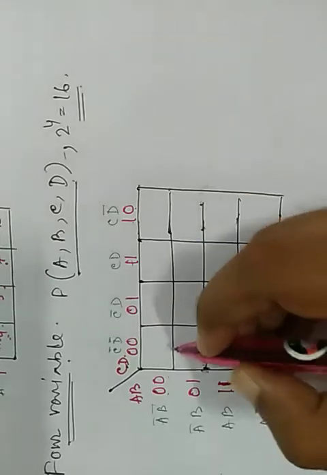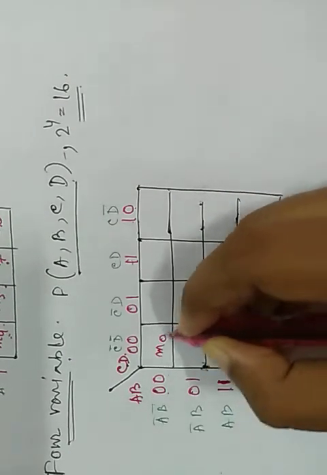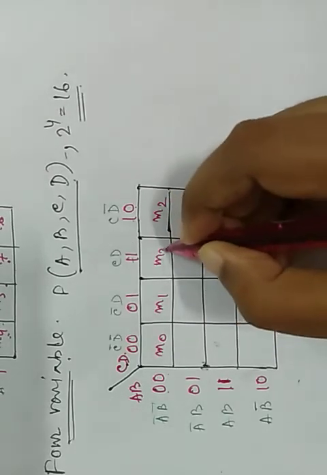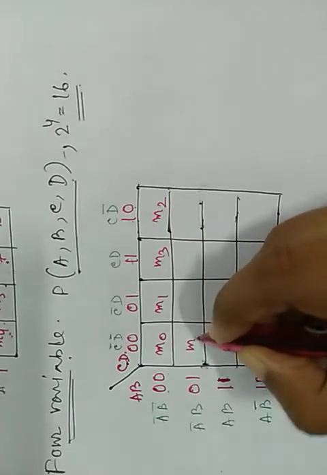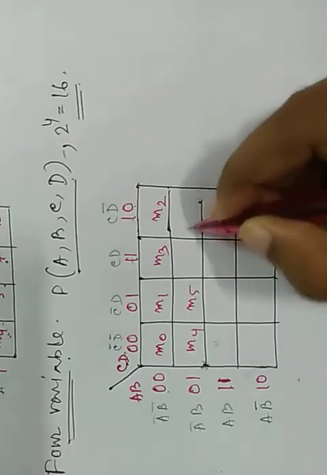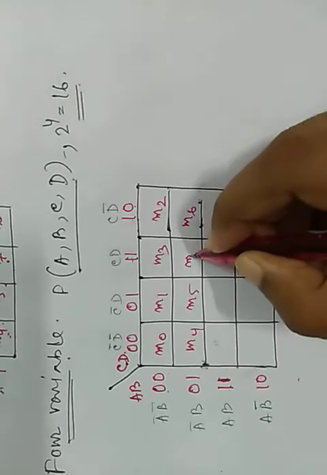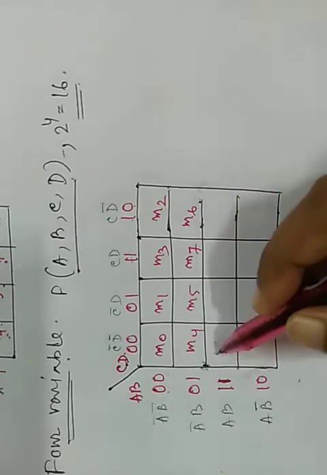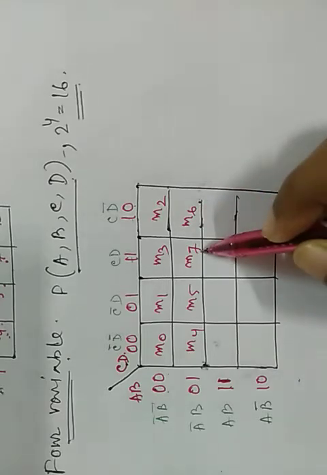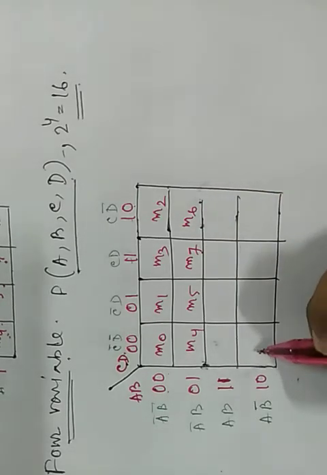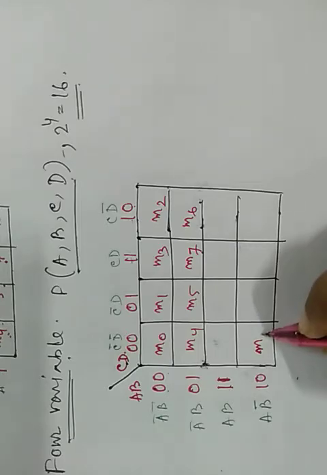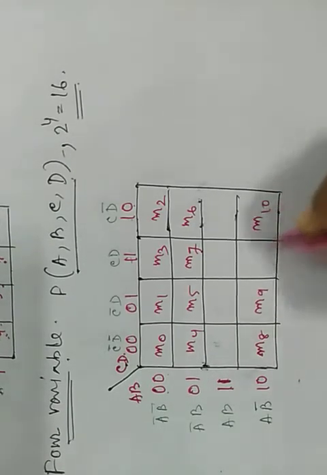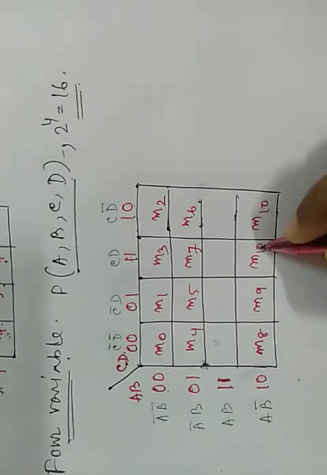Okay, so our combinations are, this is the same, M0, M1, M2, M3. Clear? M4, M5, M6, M7. So the first 2 rows are the same. Then after M7, we have to just jump to the last row: M8, M9, M10, M11.